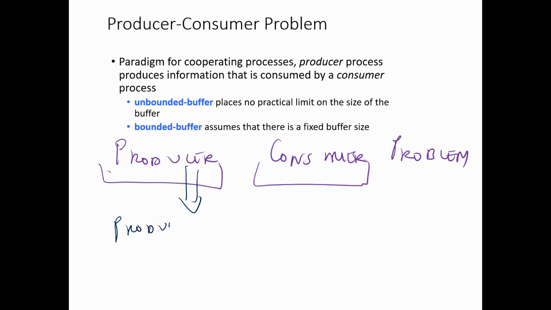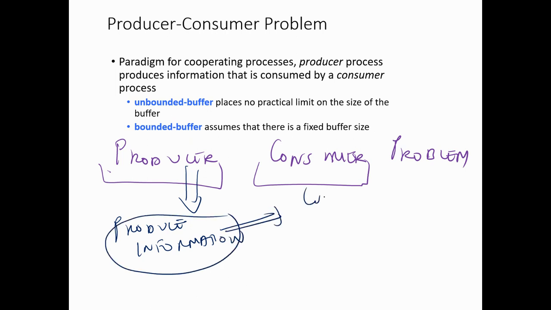The producer is the one who is going to produce the information, and the consumer is the one who is going to accept or consume the information. Clear? So there should be communication in such a way that both producer and consumer are integrated, so that when the producer produces the information, the consumer consumes the information.